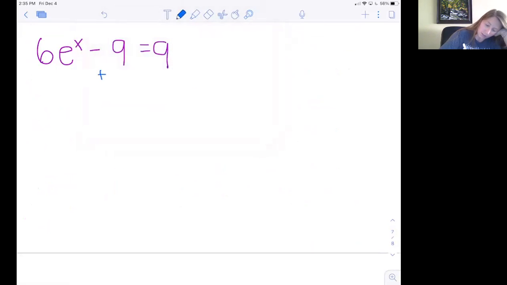So first I'm going to add this 9, add this 9. So I'm going to have 18 equals 6 e to the x. Now I've got to get rid of that 6. So I'm going to divide by 6 because it's being multiplied by the e. Divide by 6. Now I have e to the x equals 3.